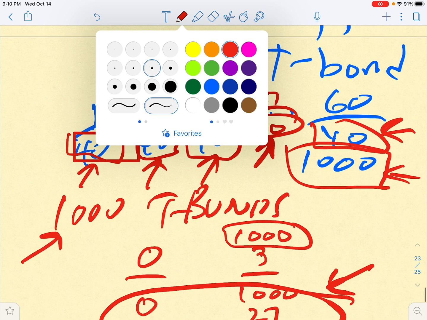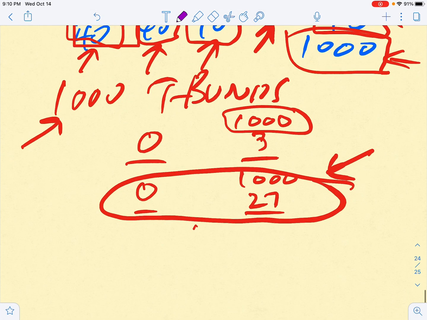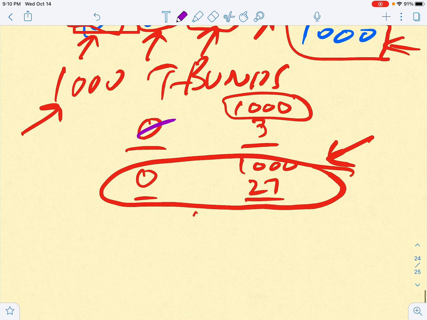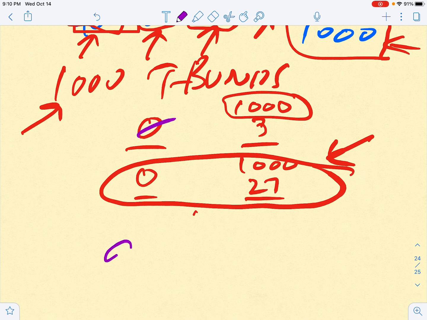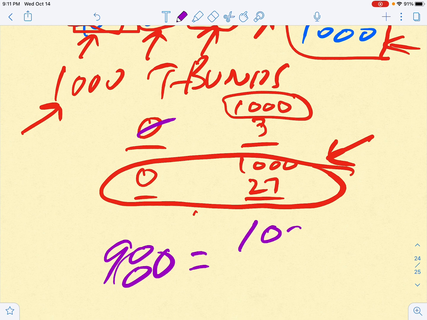Well, if you think about this, the implication is that when they pay a certain price at date zero, let's say they pay $980 at date zero. Well, then 980 is equal to the present value of 1,000.